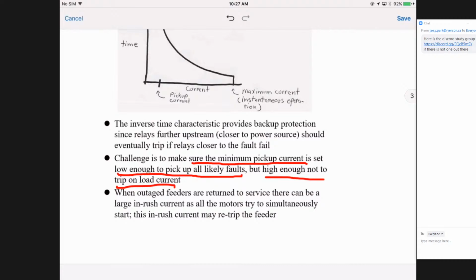You want to isolate the fault as quickly as possible, but you don't want to isolate a large area. You want to minimize the area, so large and small contradict each other. Low and high contradict each other.